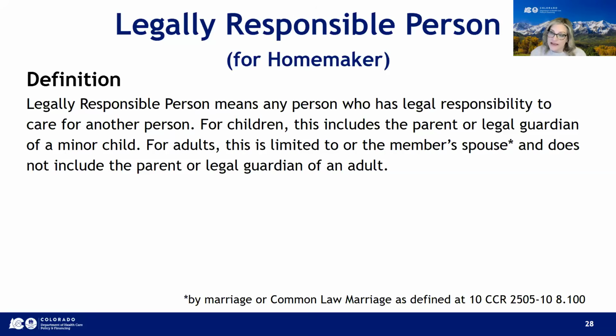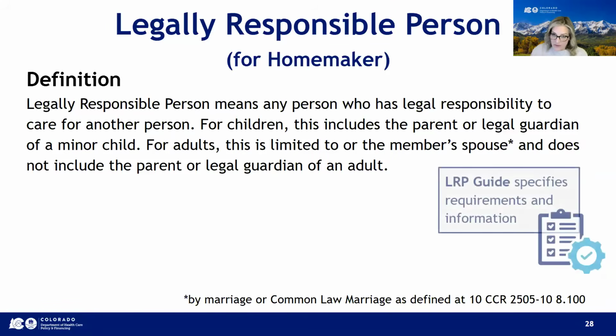For adults, this is limited to the member's spouse by marriage or common law marriage, and it does not include the parent or legal guardian of an adult. We have updated the legally responsible person guide, and it lists out the requirements and all of this information. We've tried to make sure that that's a useful guide for you. It's available on our case management tools webpage for you to access.